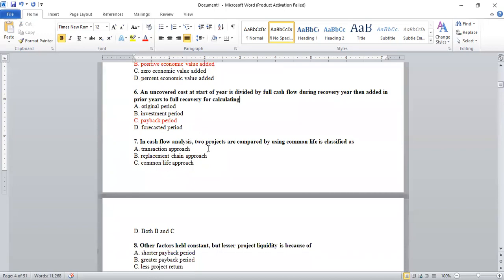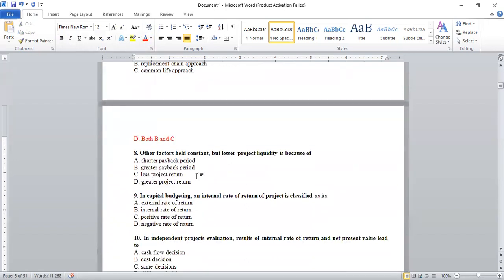In a cash flow analysis, two projects compared by using common life is classified as: transactional approach? No. Replacement chain approach, yes. Common life approach, yes. B and C is the right answer.